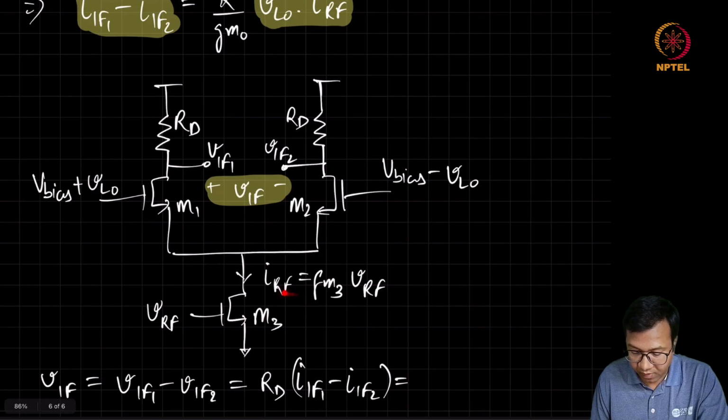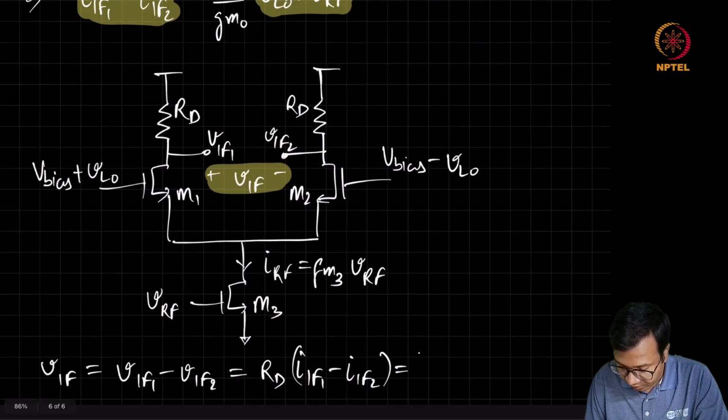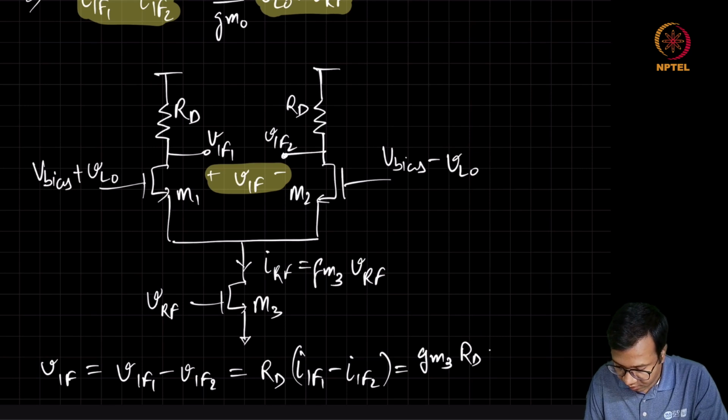And here also we can see that IRF can be written in terms of VRF. So I will put everything together. This will be GM3 RD times constant K by GM0 into VLO and VRF.